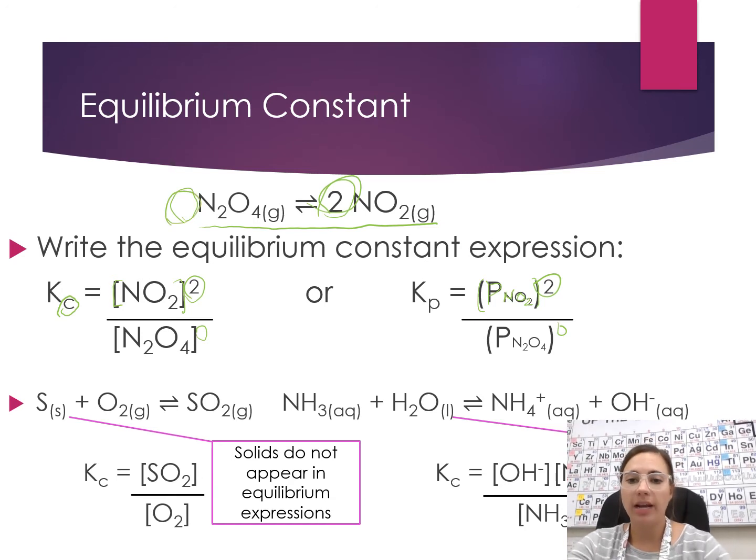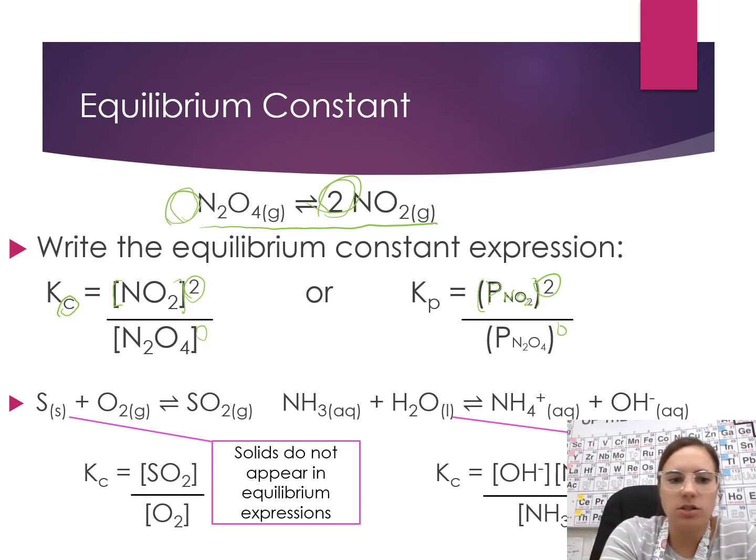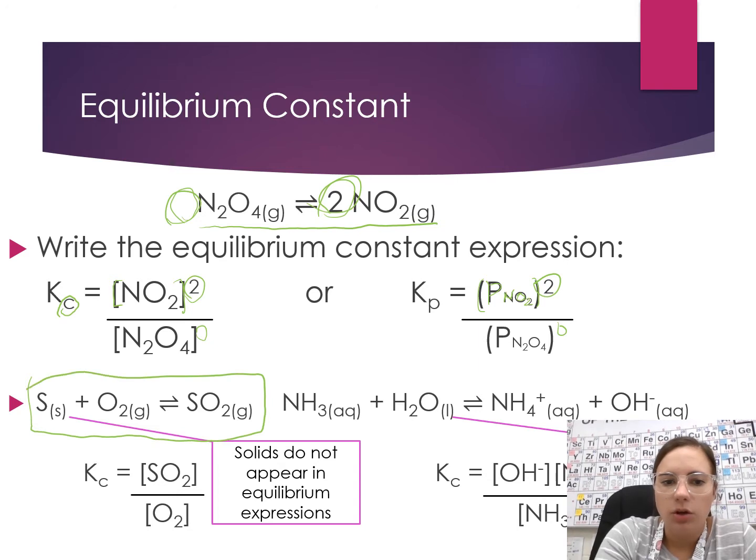So that's how we write a generic equilibrium expression. If you're asked to write an equilibrium expression, you do not have to know what the actual concentrations are. You just plug in the substances and their coefficients. Now, something to point out in these two examples: in this first one, you'll notice that I am missing the solid sulfur.